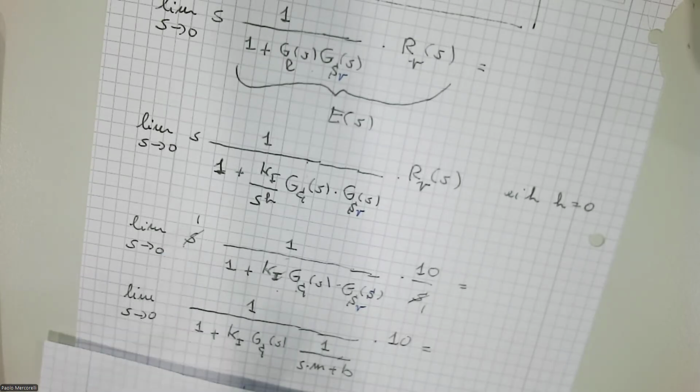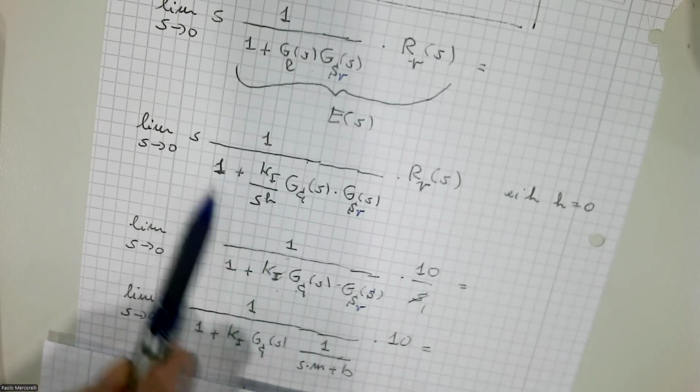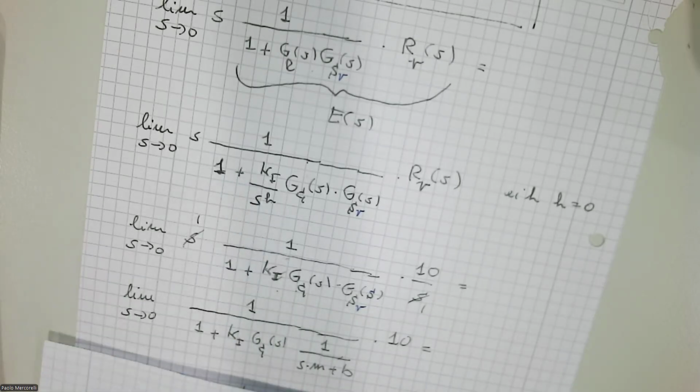Now, calculations. You can see s and s, I can cancel. h equals 0 means basically we have a 1, because s equals 0 is not allowed. Otherwise, I cannot write divided by s.